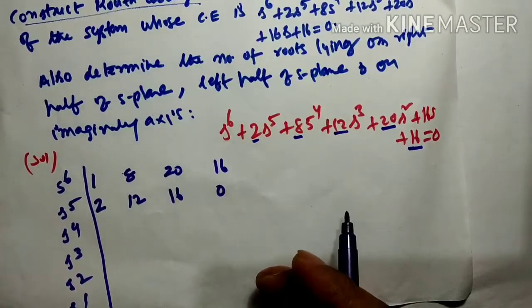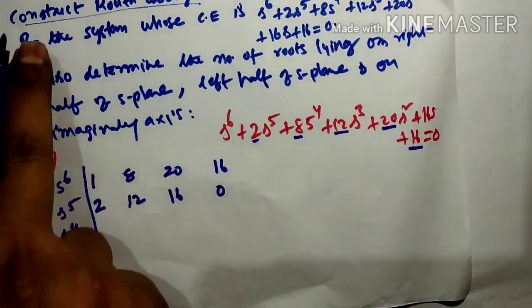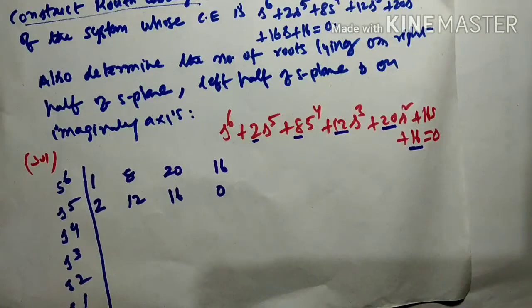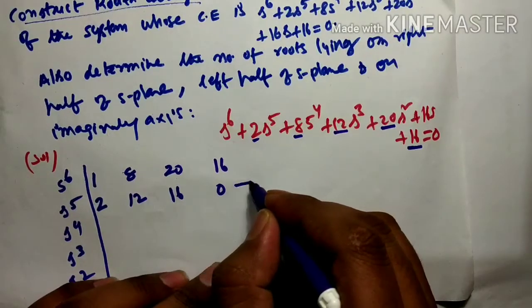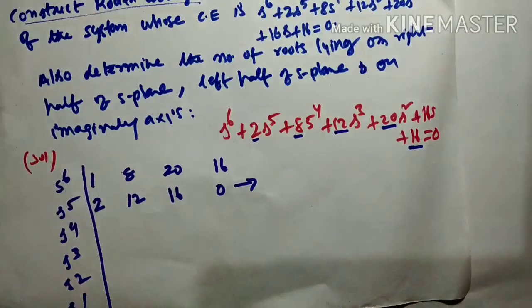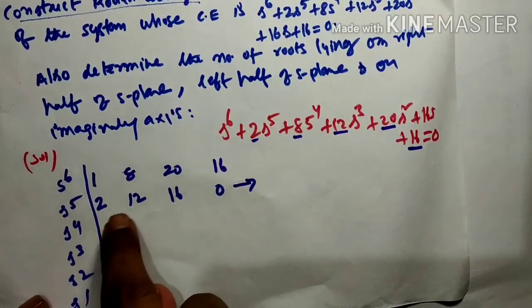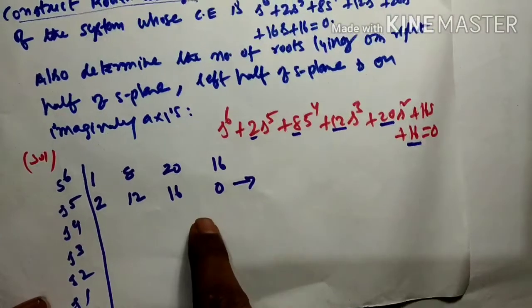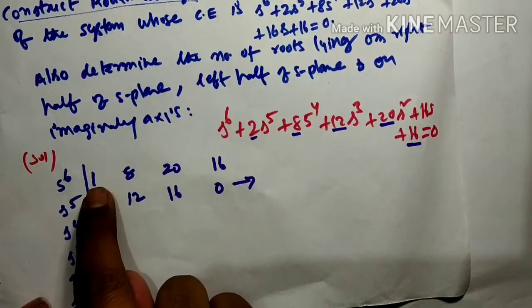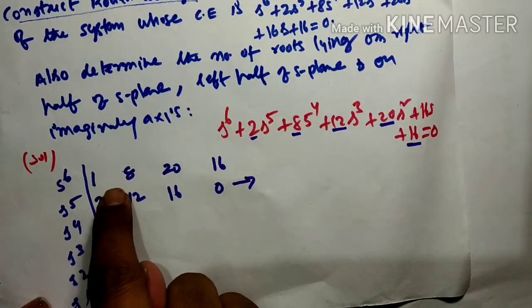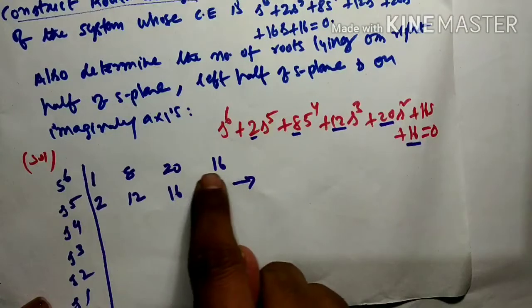So we have to construct the Routh array for this. Here you see one thing: this row can be divided by 2, because all elements can be divided by 2. In the other row, one element cannot be divided, so we should not divide that row.